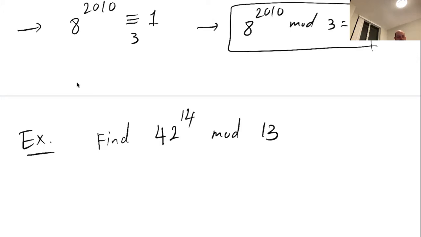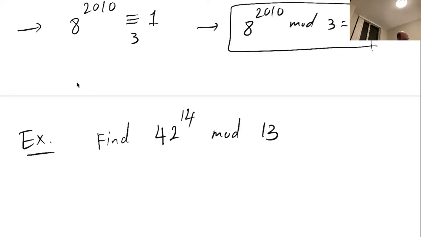Okay, so in previous cases we had 1 or -1, but here I cannot say 42 is congruent to 1, because 42 minus 1 is 41, not divisible by 15.